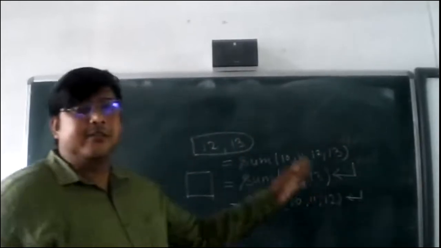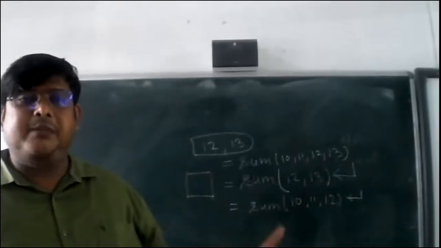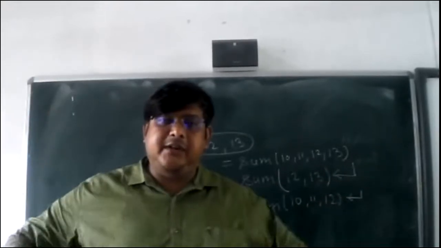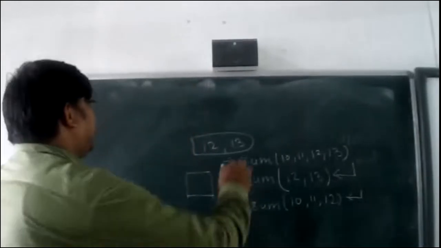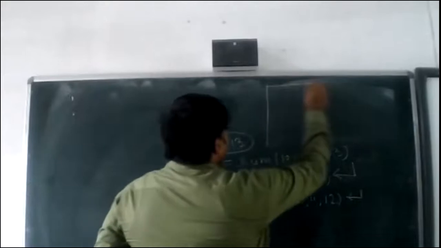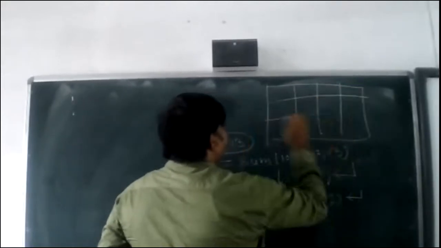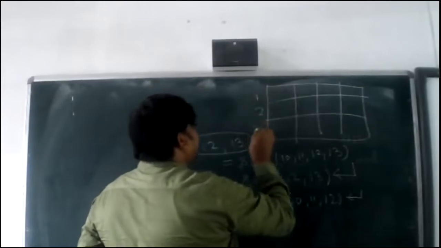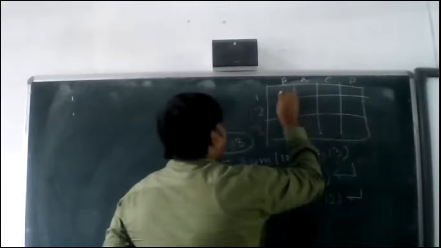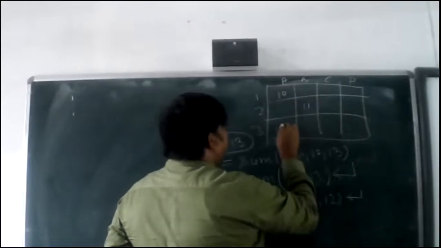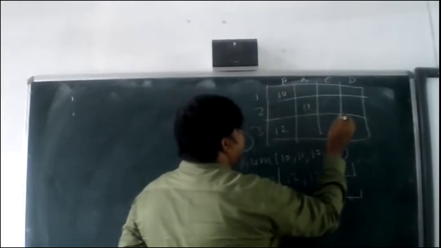These are the fixed values that we are passing to the function. Sometimes we have values in cells. Suppose this is the Excel sheet and here we have rows 1, 2, 3 and columns A, B, C, and D, and we have 10 here, 11 here, 12 here, and we want to get the sum of all three in this cell.